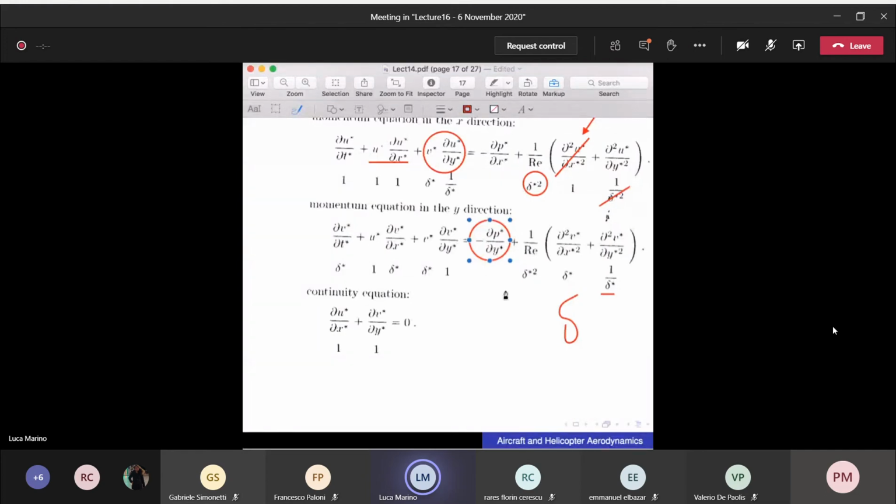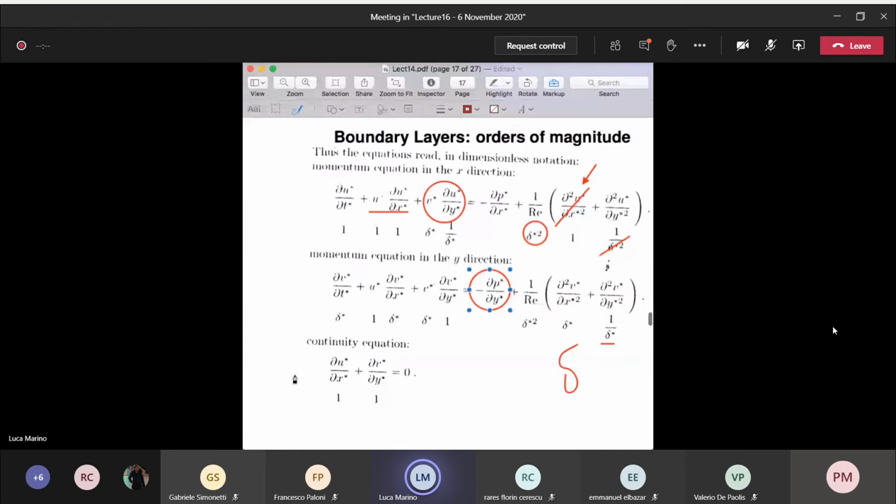Because we obtained that the continuity equation is exactly like Navier-Stokes, so they are the same. The momentum equation in the x direction is equal to Navier-Stokes except for the terms d2u over dx square.